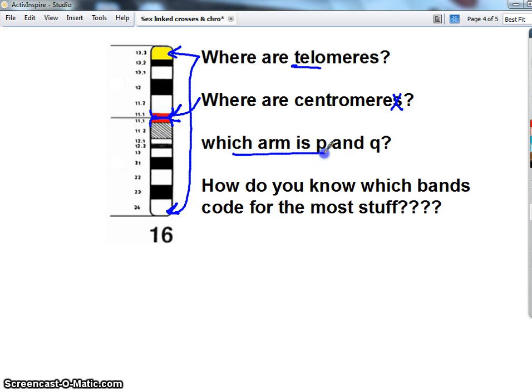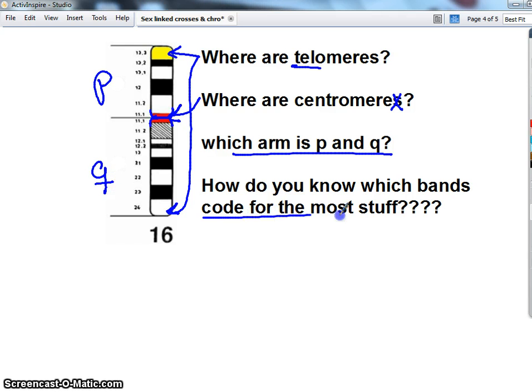Finally, P and Q. The worksheet explains that the shorter arm is P and the longer arm is Q. The truth of the matter is, whenever you see a picture of a chromosome, if they're putting it right side up, they always have P on top. So even if it's a metacentric chromosome with the centromere right in the middle, it doesn't matter. The top is always going to be your P arm and the bottom is going to be Q.